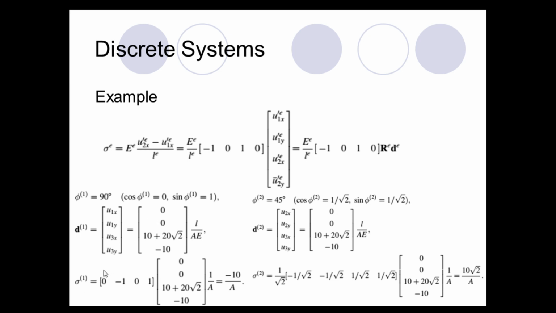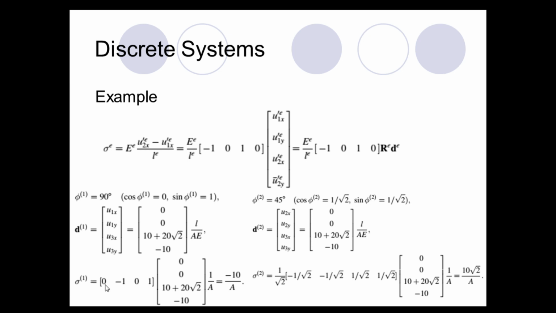And in fact, this is nothing more than this one for the first element, because the displacements for the first element are 0, 0, 10 plus 20 square root of 2, minus 10. We have only displacement values in node 3, and node 1 and node 2 have 0 displacement.